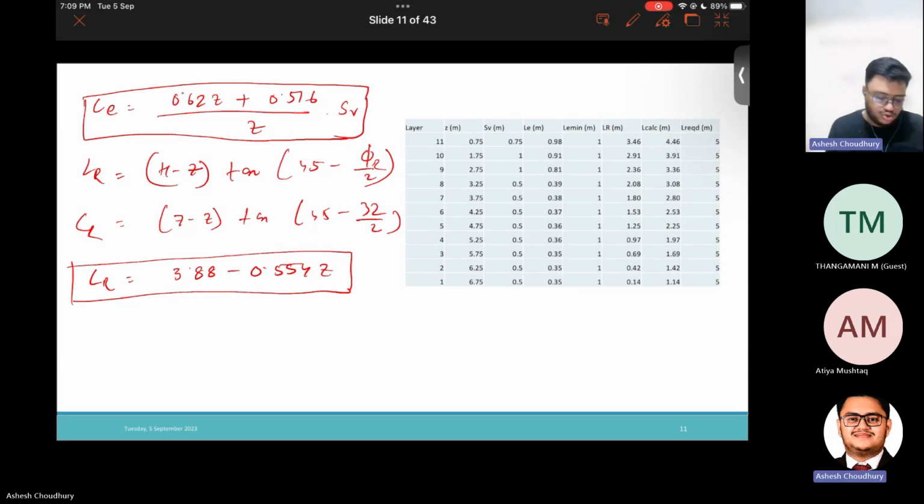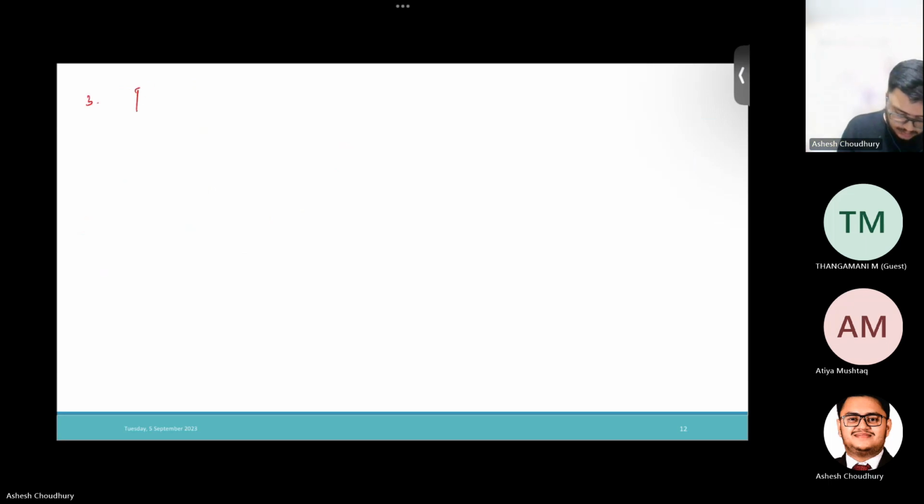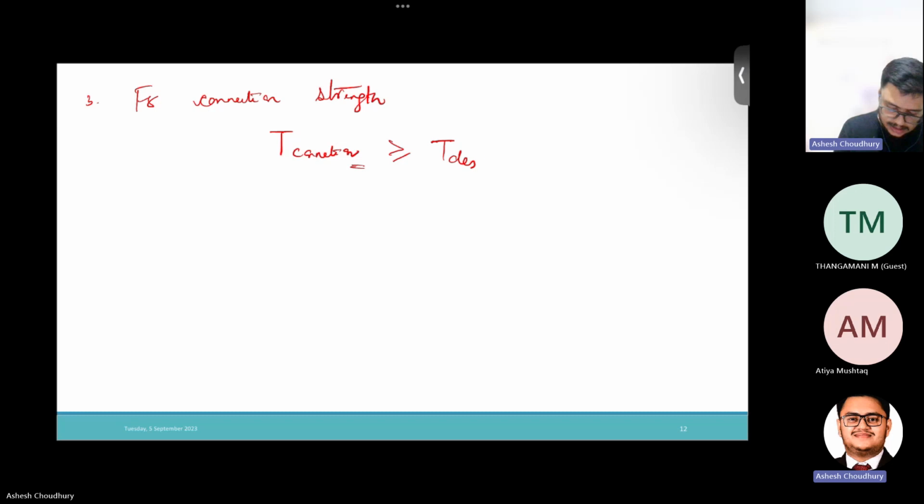Generally, due to this conservative approach and several uncertainties, the required strength of this connection is taken as greater than or equal to the design strength.